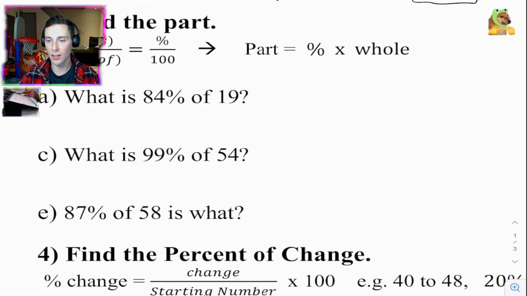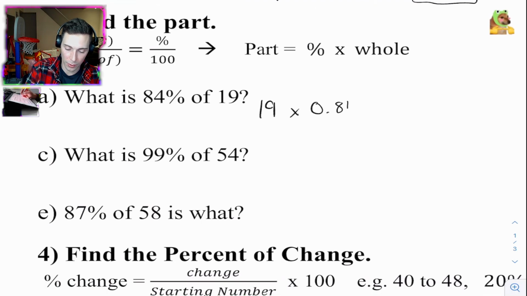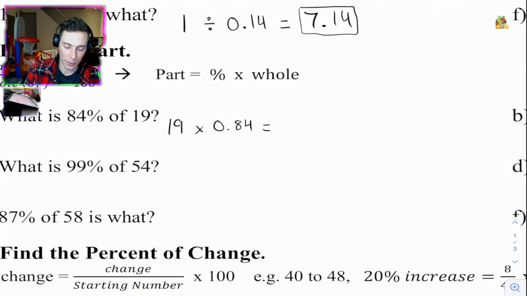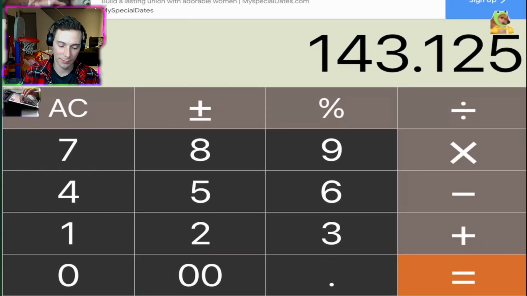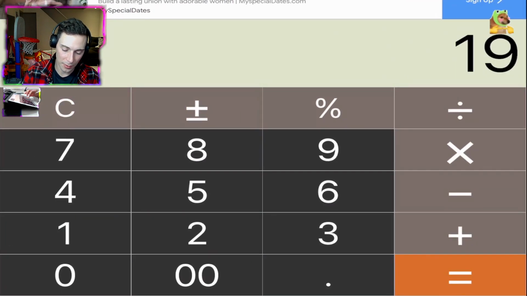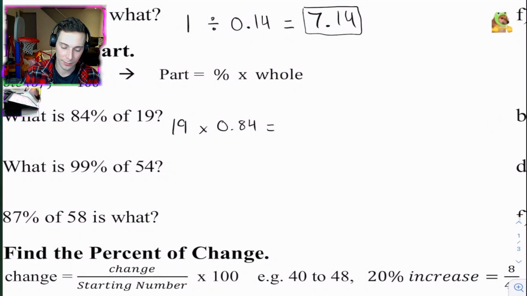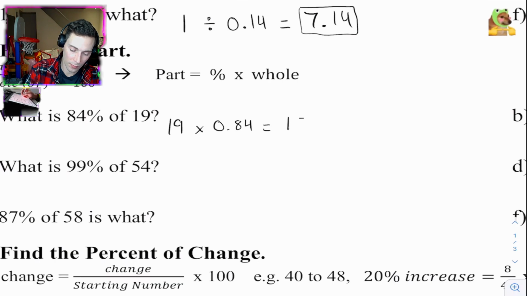So if you have 19, and I was like, what's 84% of that? 19 is the total, right? We're going to go 19 times 0.84. Simple as that. I gotta multiply it with my calculator. 19 times 0.84 is 15.96.